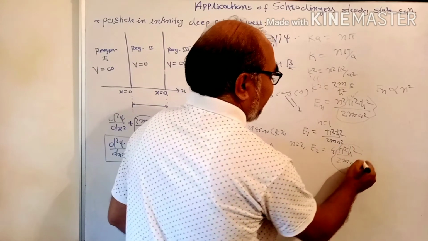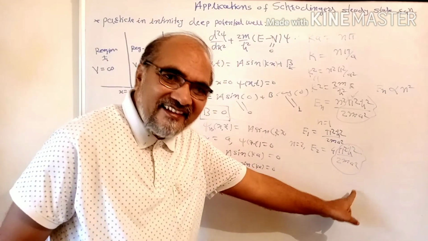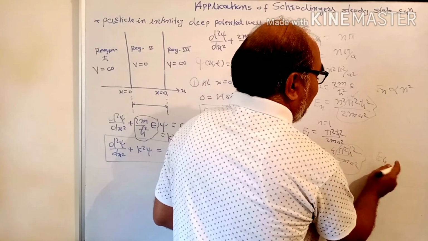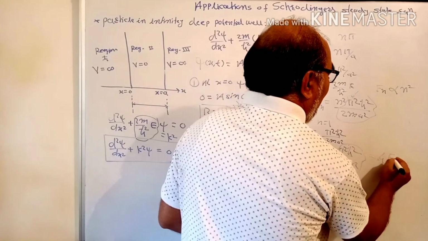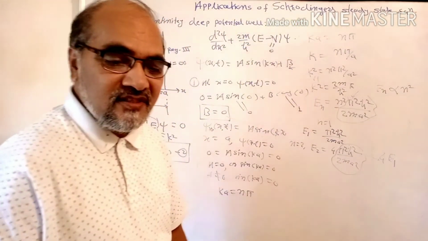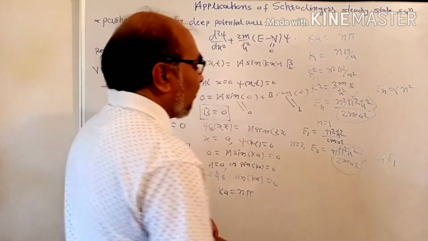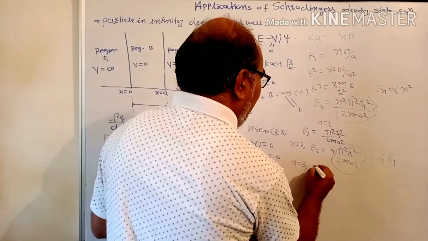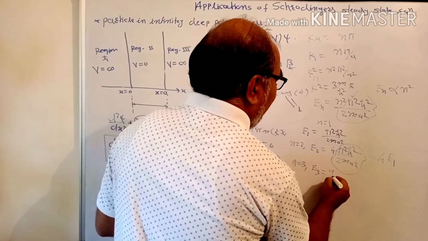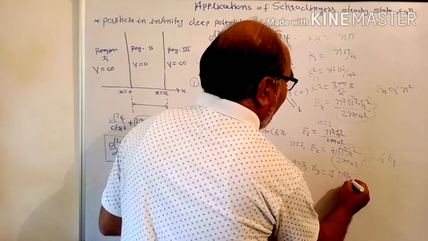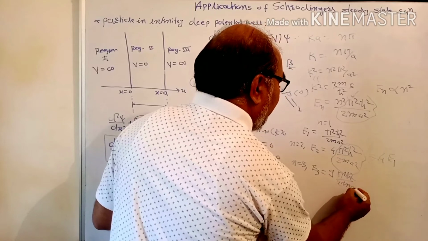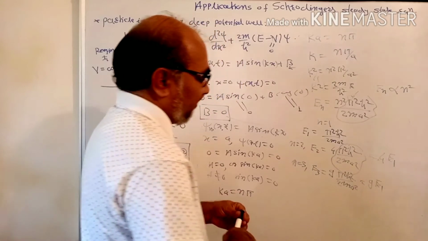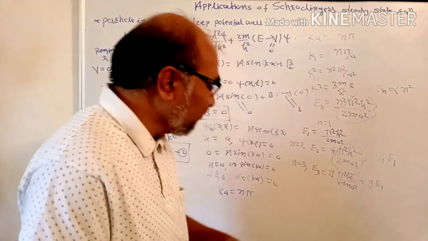This is nothing but our E1, and therefore E2 is equal to 4E1. Now E3, put n equal to 3, and E3 is equal to 9 pi square h bar square upon 2ma square, which is equal to 9E1.